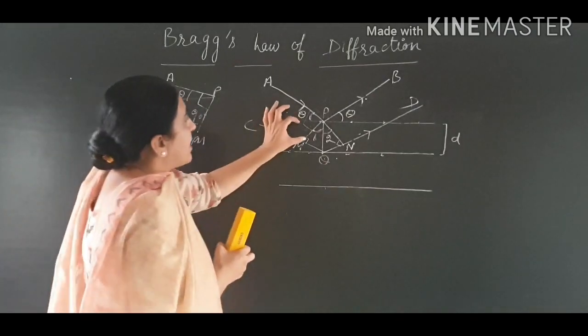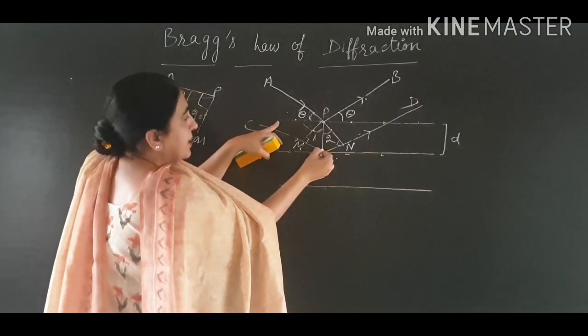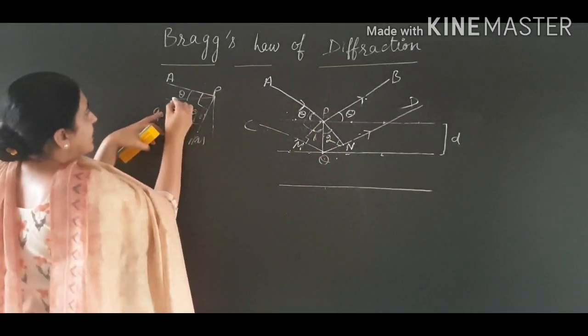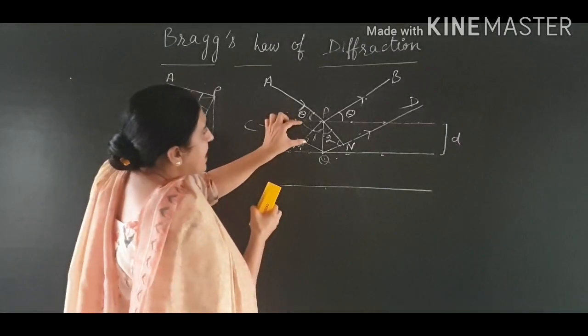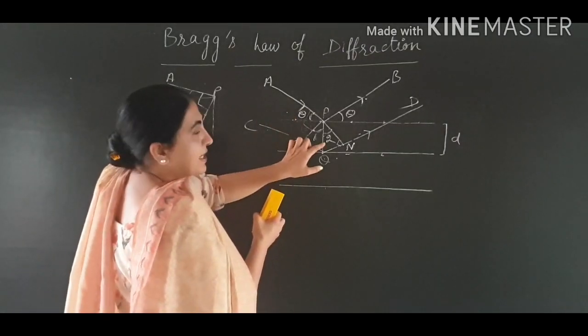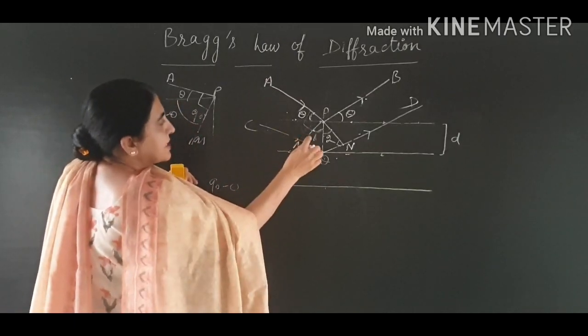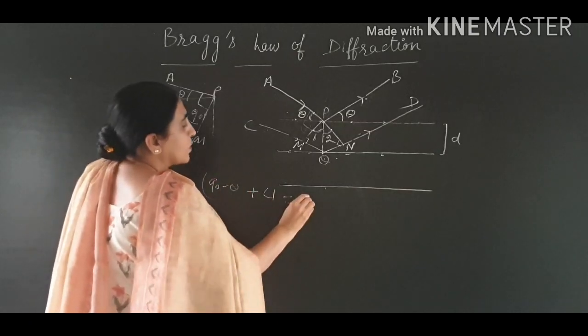If this is 90 minus theta, what about this? This is also a right angle, so this angle is also 90 degrees. This angle is 90 minus theta, and this whole angle is 90 degrees. So 90 minus theta plus angle 1 is equal to 90 degrees.